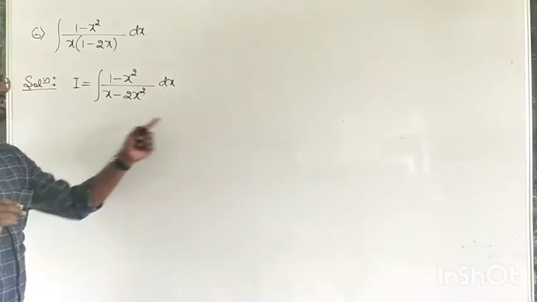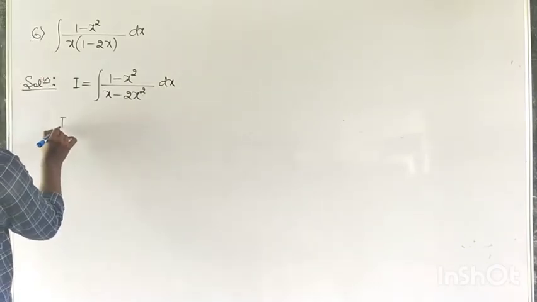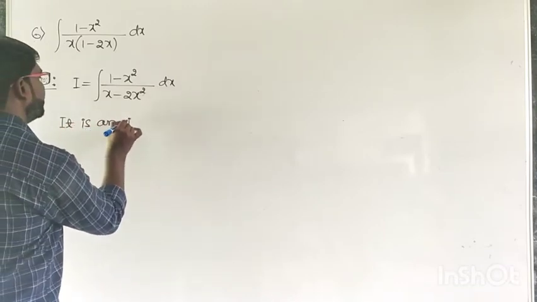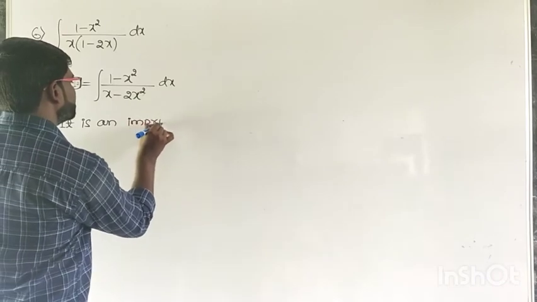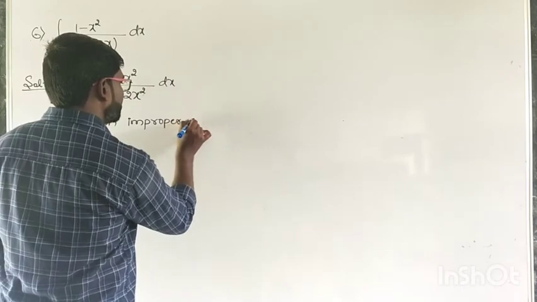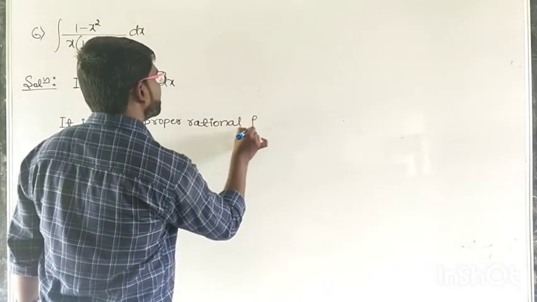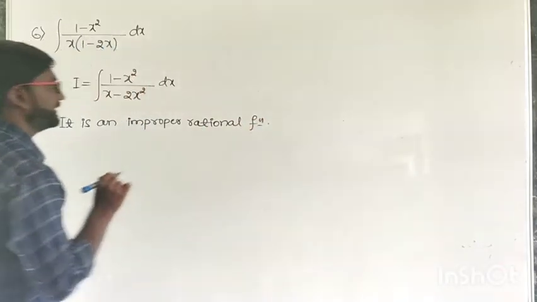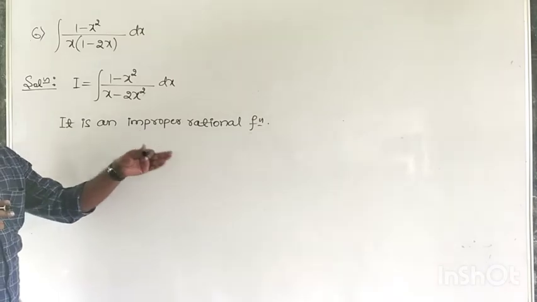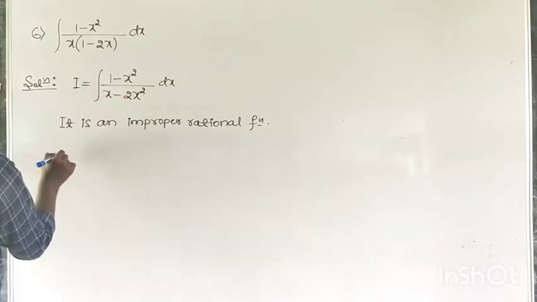So we have to write a statement here: it is an improper rational function, and we have to convert it into a proper rational function by the long division process. So let us take up this now.